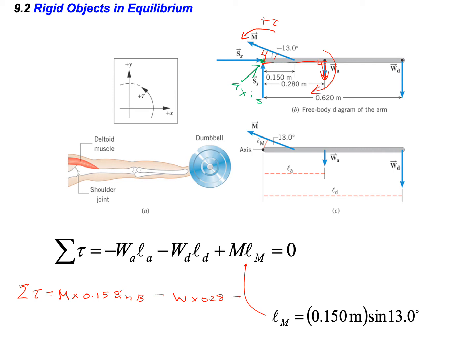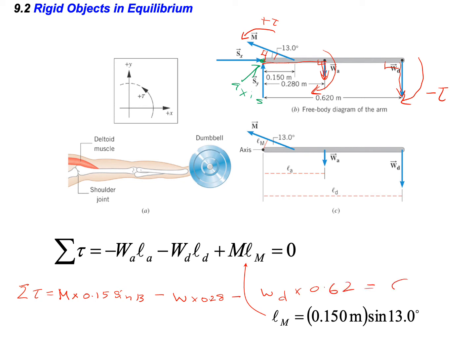So therefore you have a negative one, and similarly the weight of the dumbbell also creates a negative torque, which is equal to W dumbbell times the perpendicular distance to this force, which is 0.62. So weight of the dumbbell times 0.62.